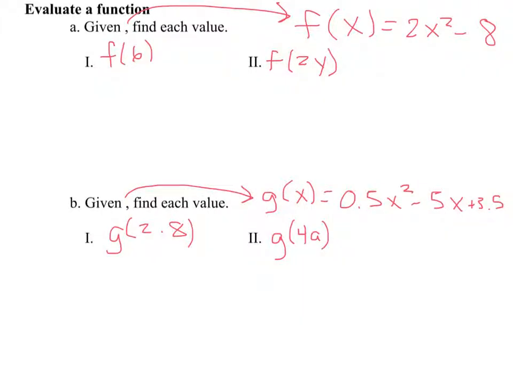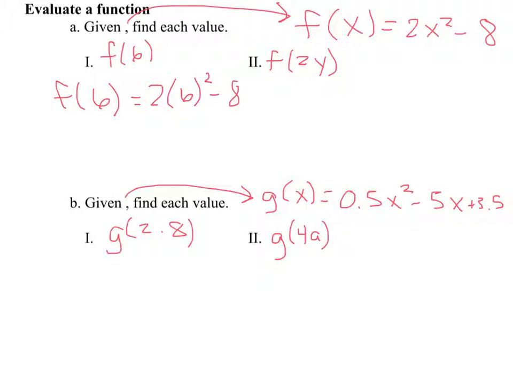So let's go ahead and take a look at evaluating functions. You'll have to fill in some things that are missing on this page as well. It should say, given f of x equals 2x squared minus 8. We're going to find each value. So first they want us to find f of 6. All that means is we're going to be plugging in 6 for every x value that they gave us. So we're going to have 2 times 6 squared minus 8.